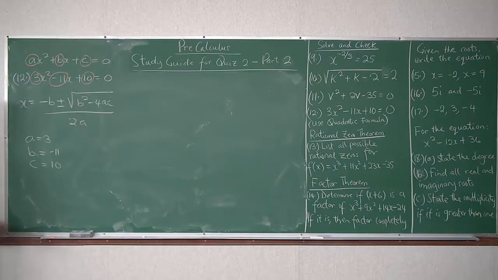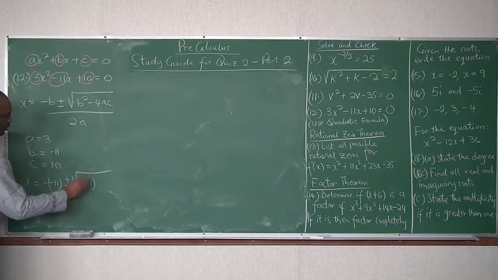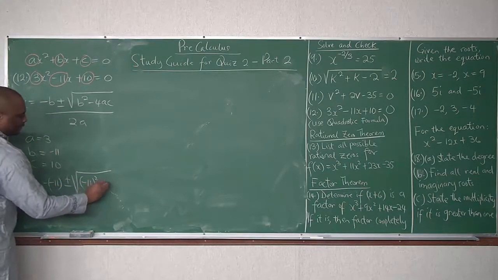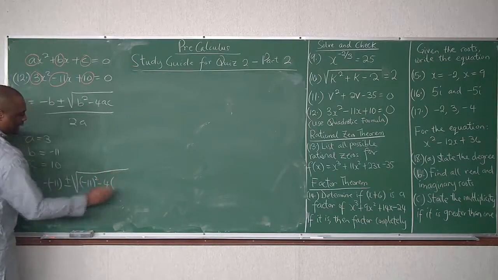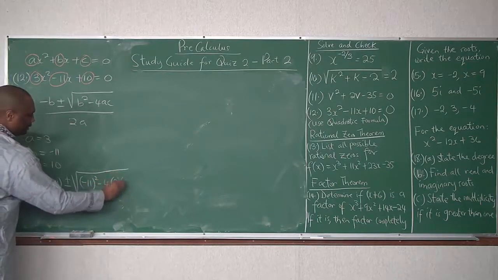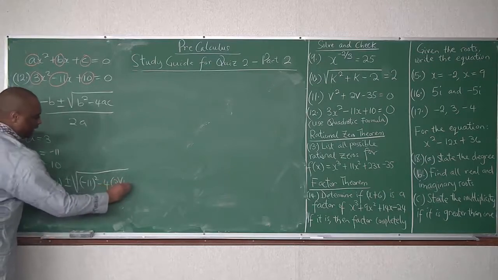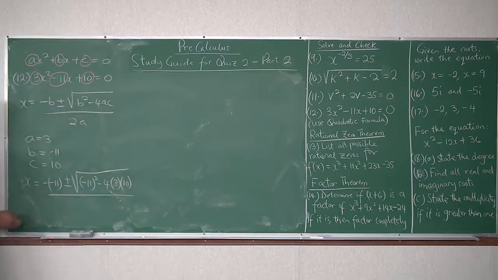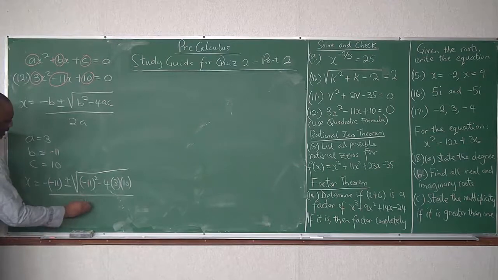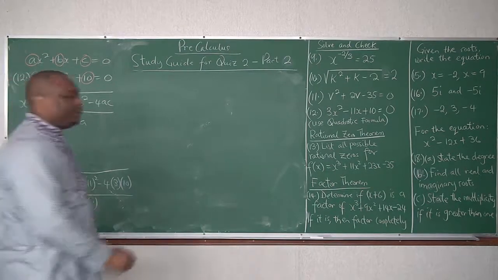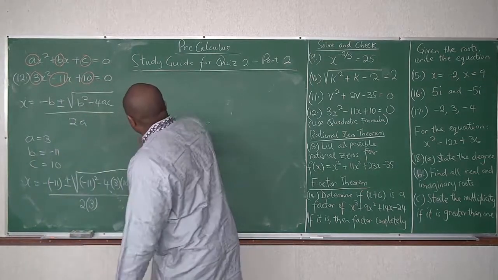Then you now see that x is equal to negative negative 11 plus or minus the square root of b squared, negative 11 all squared, minus 4 times 3 times 10, all over 2 times 3. Right? So what do we get from here?